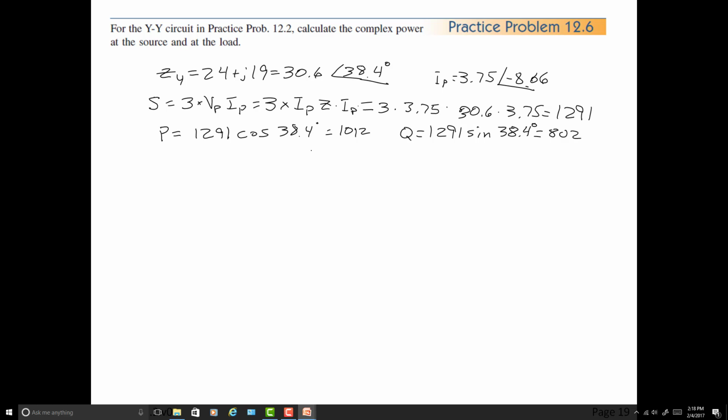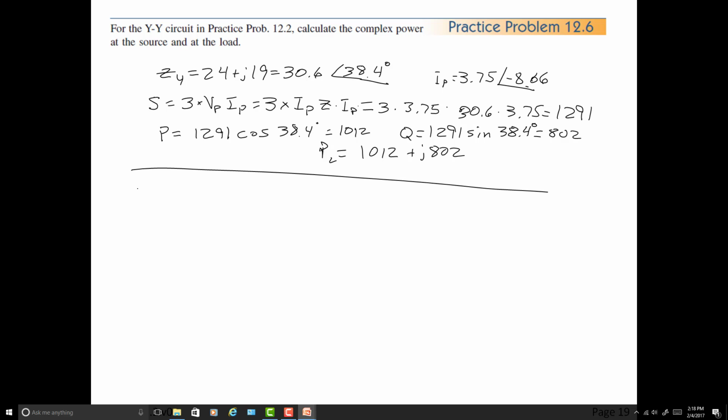Okay, so our load power, our complex power at the load, is 1012 plus j802. Okay, we can say that's the load. Now if we want to look at the source, the power at the source, it's going to have a minus sign because it's delivering power.